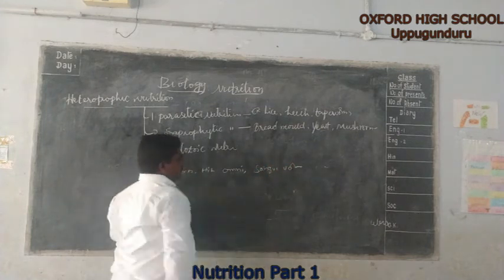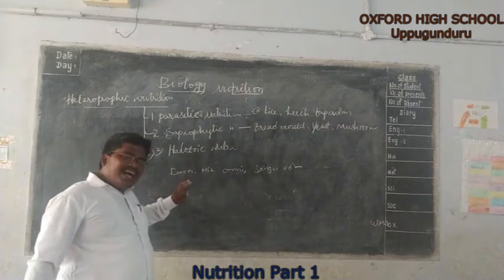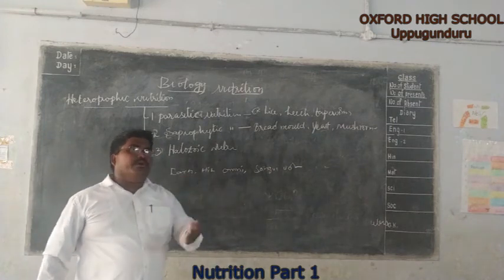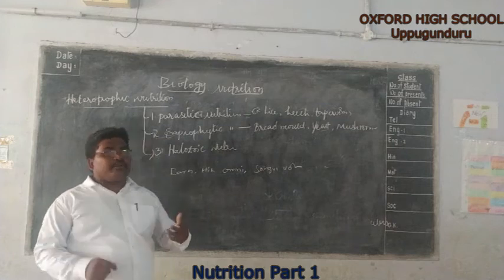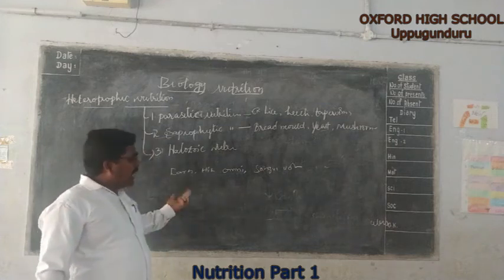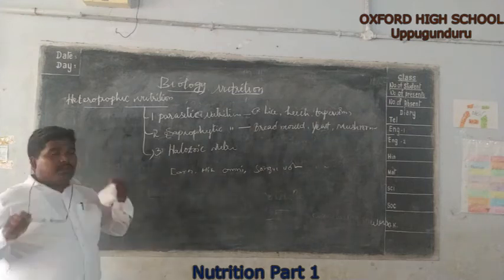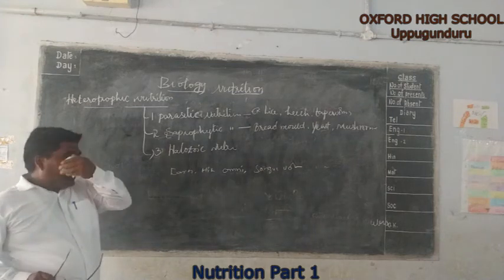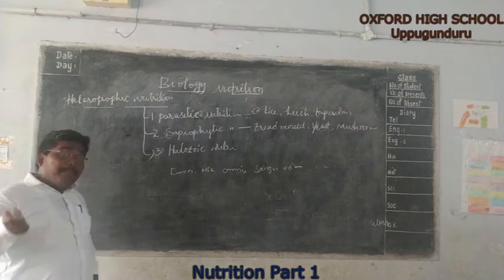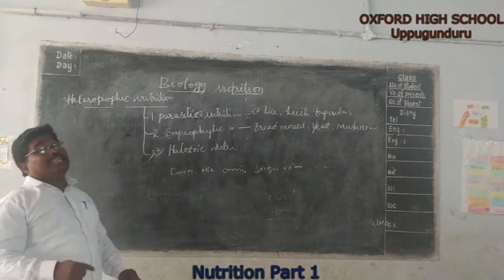Different types of organisms are there. All these organisms have different modes of food habits, and they have different types of digestive systems.